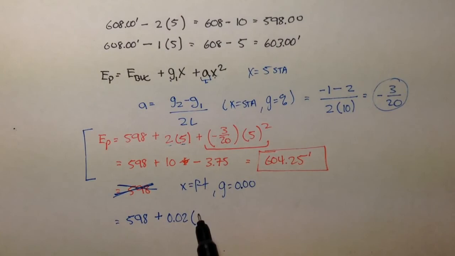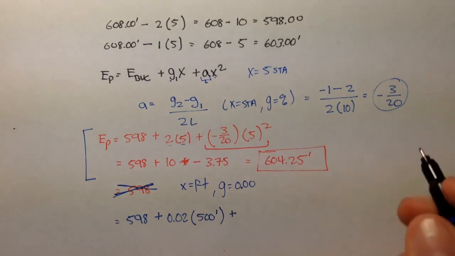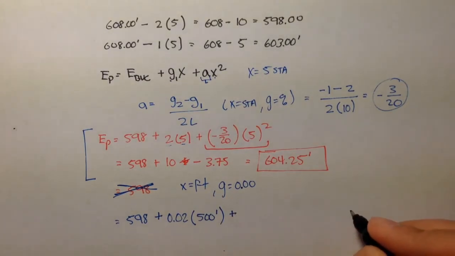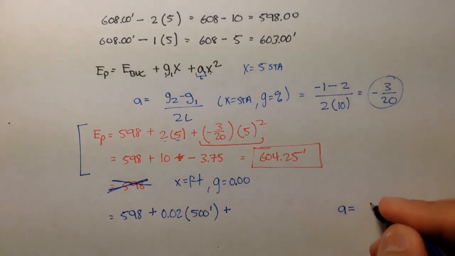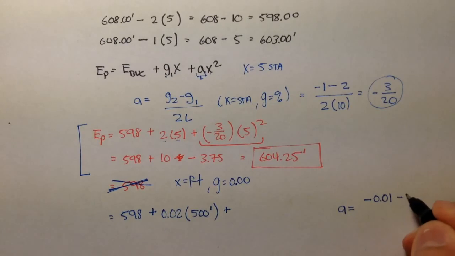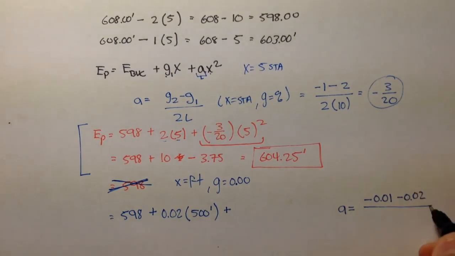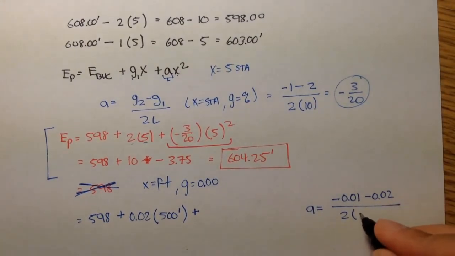So our X was 5 stations, or 500 feet, plus our A term, and let me do A on the side here really quick. A would be -0.01 minus 0.02 over 2 times the length. The length is in feet, so 10 times 100 is 1,000.